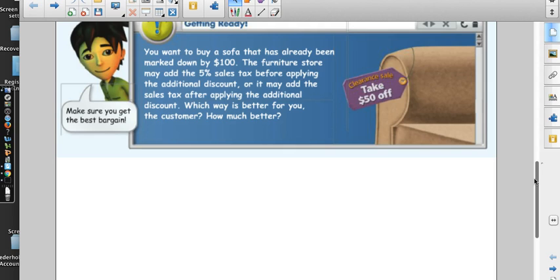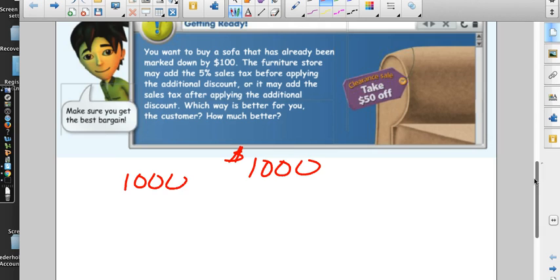And how much better? So here's what we probably want to do with this, so we're not using a lot of variables to think through this. We want to start with a nice, easy, very expensive sofa. We're going to say our sofa costs $1,000. So we tell them, mark down that $100 first and then do the sales tax. So we start at $1,000, we take $100 off, and now we're down to $900.